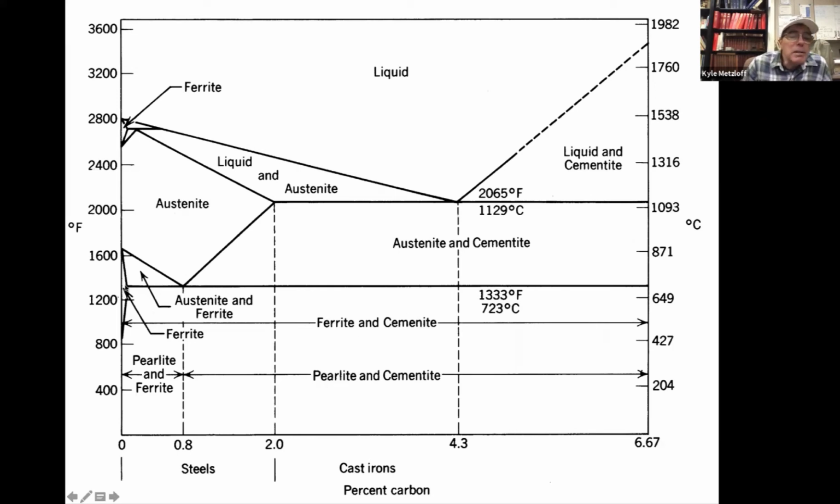Way over here in this little bitty region here, Albania, or I don't know, Liechtenstein or something like that. This is alpha iron. Way over here is a country that's so thin, it's a line. Why? Because it only happens at 6.67% carbon exactly, at that composition.